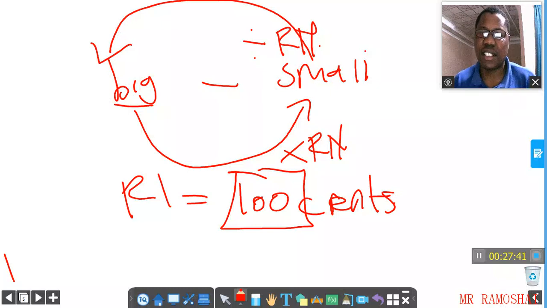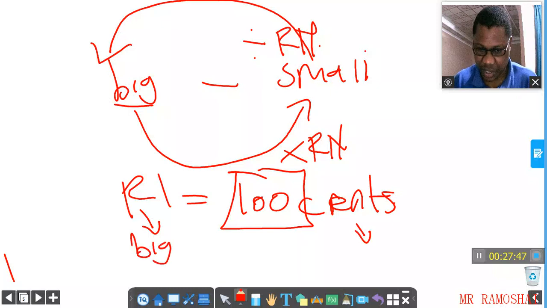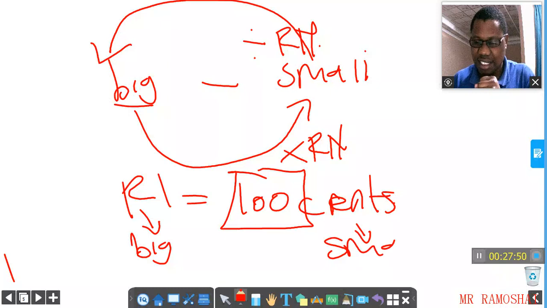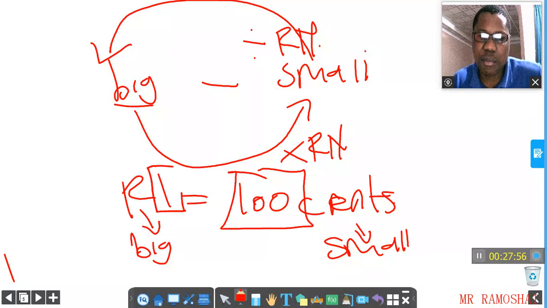Right? So we have the cents. Now when you look at the rand and the cents, we are going to say the rand is a big unit and the cent is a small unit. Why? A big unit, you always see it by a small number, and a smaller unit, you always see it by a big number.